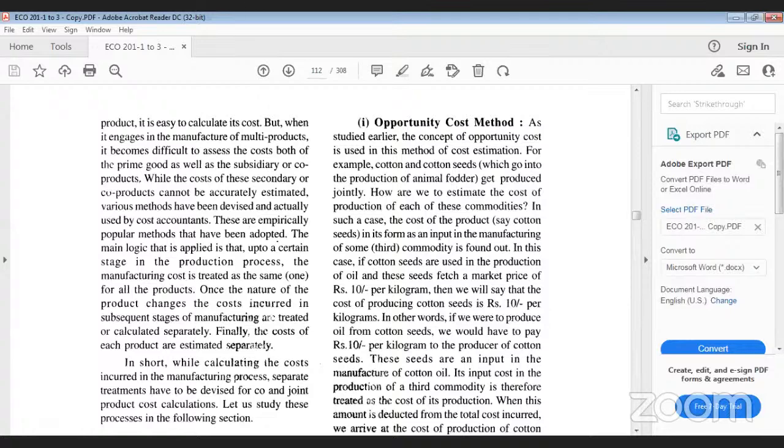Its input cost in the production of a third commodity is therefore treated as the cost of its production. When this amount is deducted from the total cost incurred, we arrive at the cost of the production of cotton.